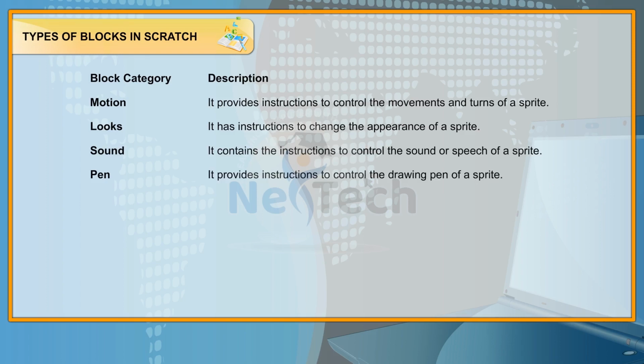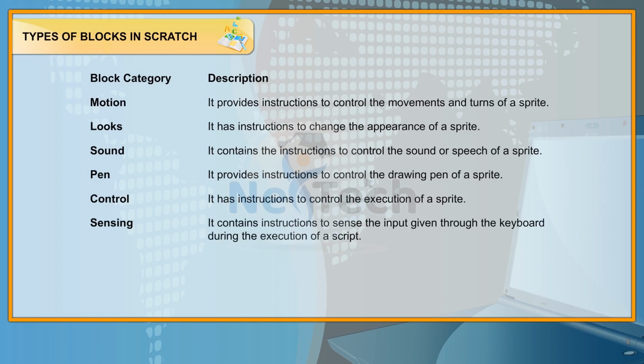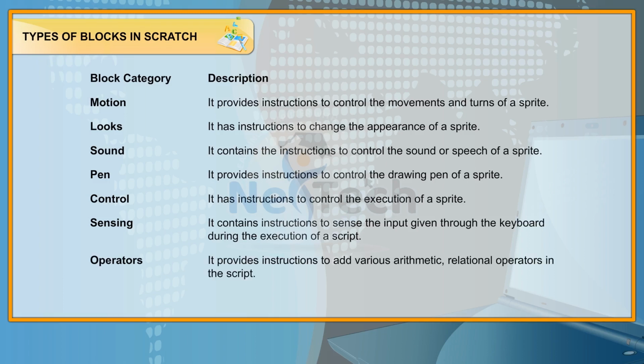It provides instructions to control the drawing pen of a sprite. Control. It has instructions to control the execution of a sprite. Sensing. It contains instructions to sense the input given through the keyboard during the execution of a script. Operators. It provides instructions to add various arithmetic, relational operators in the script.